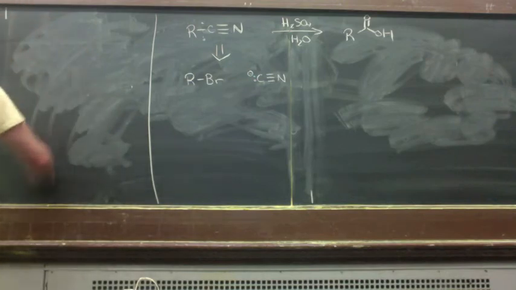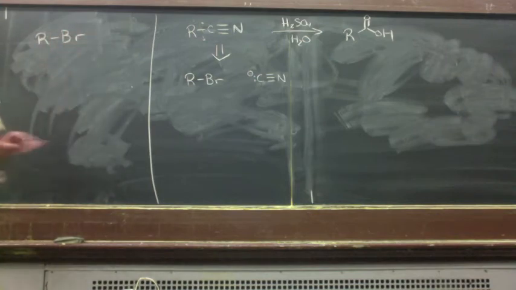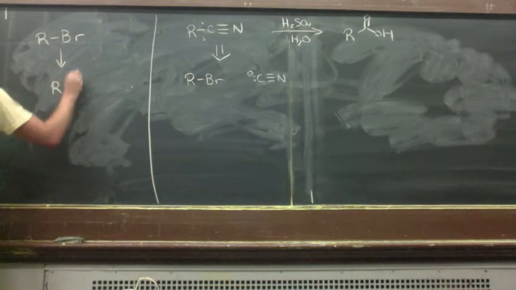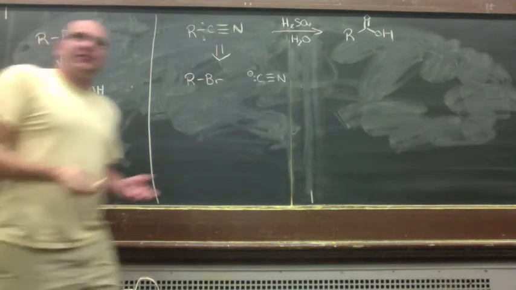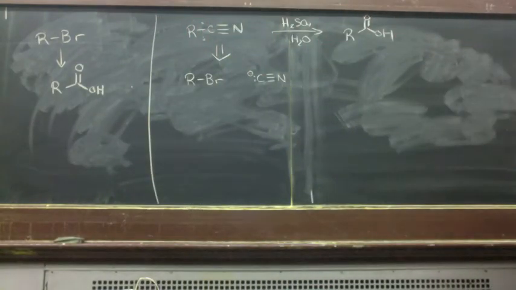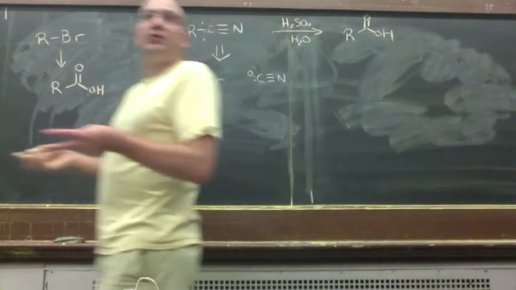So if you have, say, an alkyl halide, and what we wanted to do is convert this into a carboxylic acid, we have a couple options. One that we saw towards the end of last week was how? In a two-step process. Yeah.